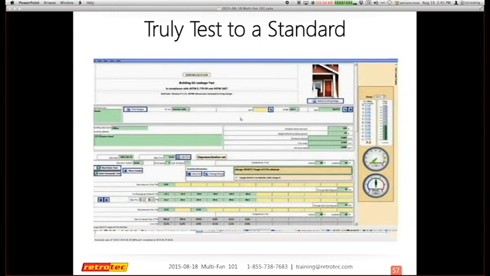You don't have to read the standard or anything. It will do that test in full compliance and will tell you at the end of it whether there was something that was not in compliance. You essentially don't have to know anything in order to be compliant to any one of the, I think we have 15 standards listed in there. And I think that's a very important feature that FanTestic offers.